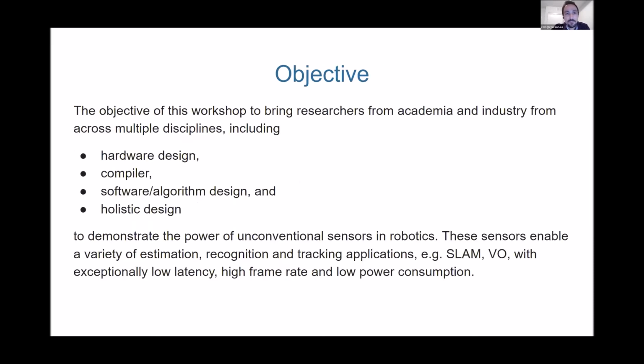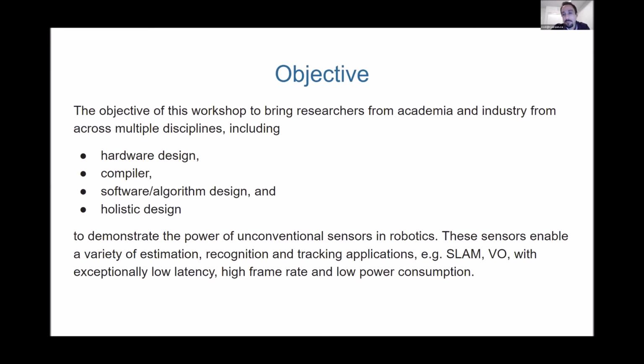So the objective of this workshop is to bring researchers from academia and industry together across multiple disciplines, including hardware design, compiler, software algorithm design, and holistic solution design. We would like to demonstrate the power of unconventional sensors in robotics.